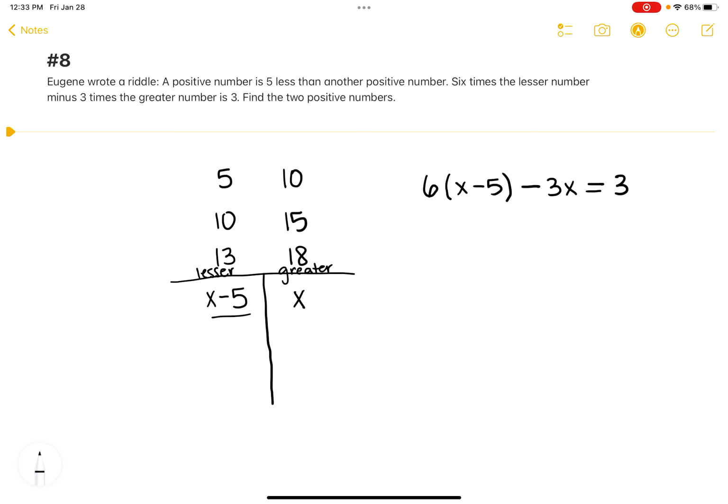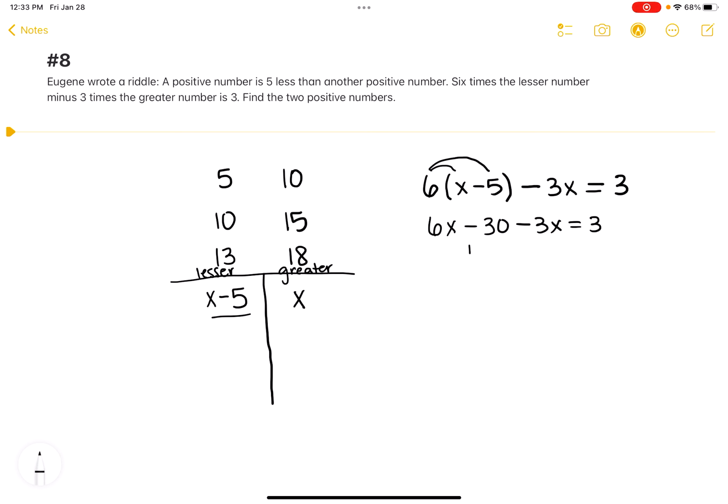And now that we're here, this should look a little more familiar to a problem that you've solved. The first step is we need to distribute in that 6, so we end up with 6x minus 30 minus 3x equals 3.